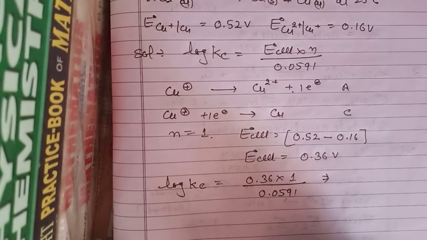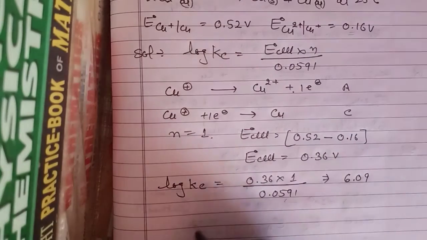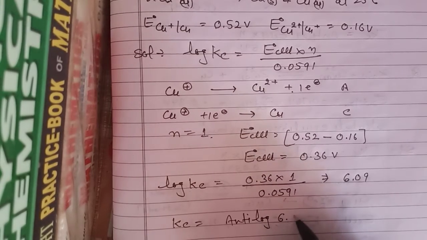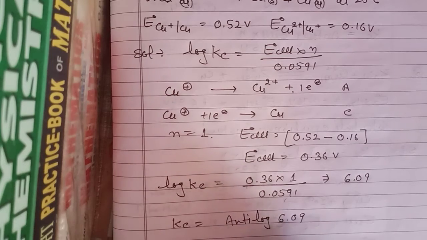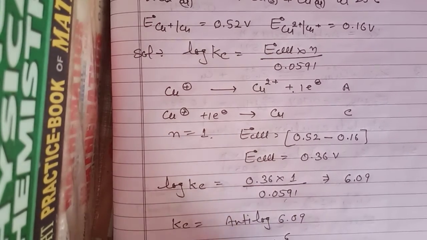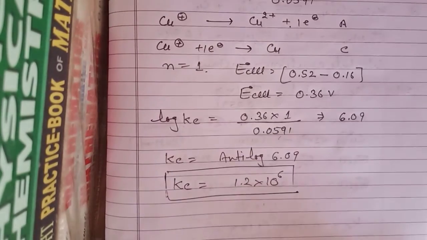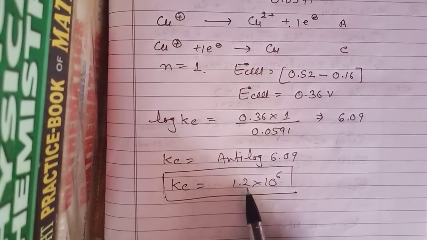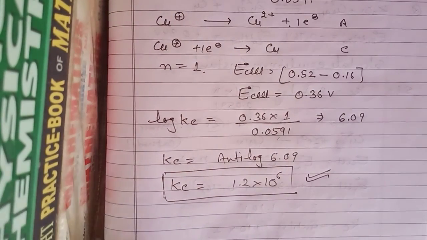So this becomes 6.09. So Kc is equal to anti-log 6.09, and Kc is equal to 1.2 into 10 raised to power 6. This is the value of anti-log 6.09. Okay, thank you.